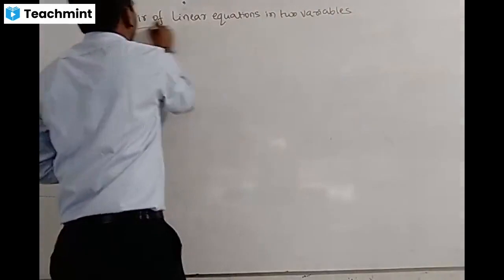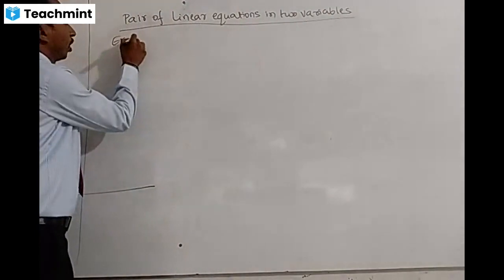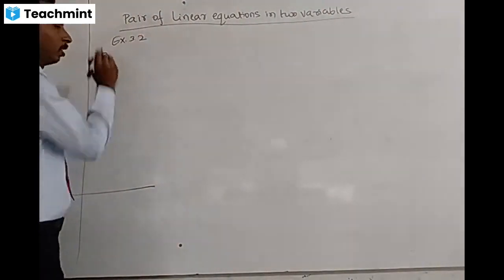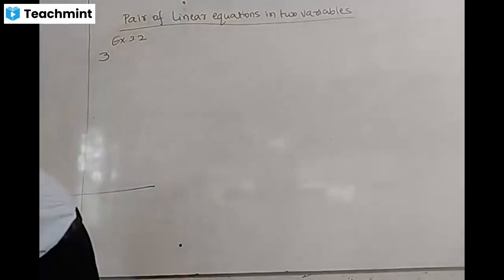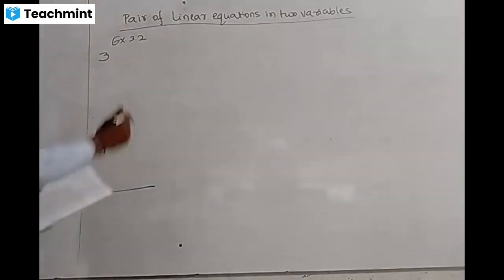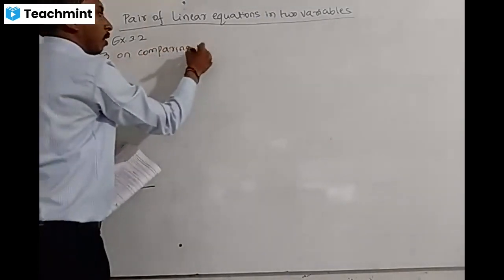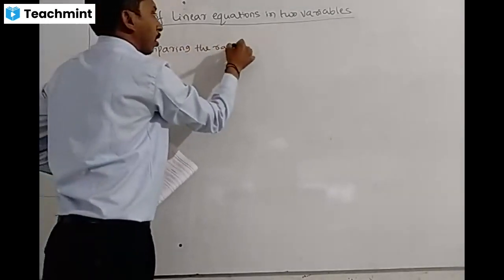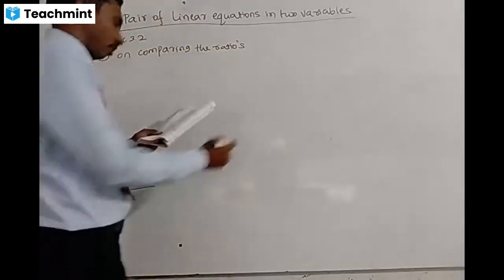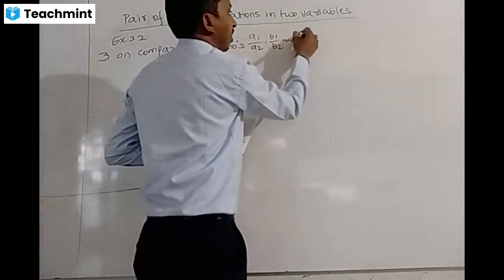In this chapter, in exercise 3.2, we are solving the third question, on comparing the ratios A1 by A2, B1 by B2 and C1 by C2.